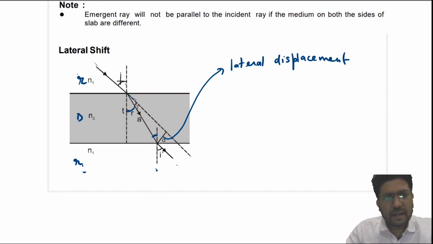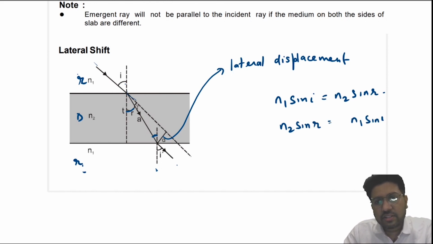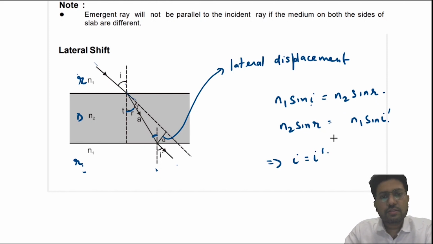Because if you apply Snell's law here, N1 sine I is equal to N2 sine R. And here, N2 sine R is equal to N1 sine I dash. These two are the same, so I has to be equal to I dash.